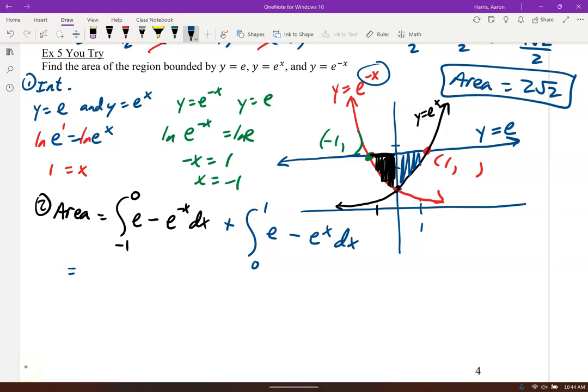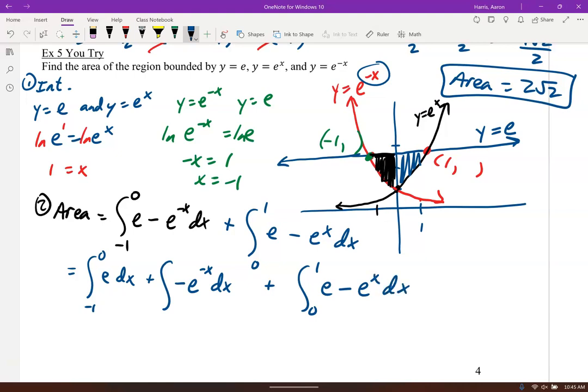So here we've got the integral. Let me split this up. And then the reason I'm splitting this up is I got to use substitution right here. On this one, I do not. But the problem is this right there, right? I've got a composite function. So I'm going to have to let u be that -x.